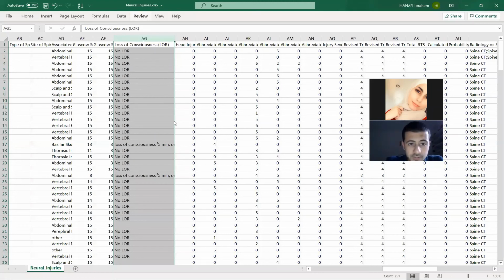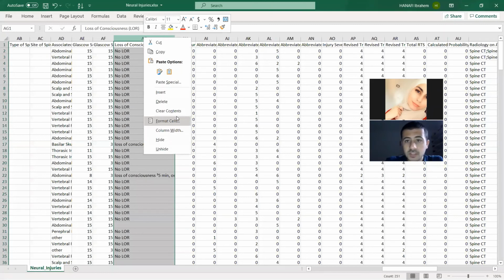Loss of consciousness. Here I have categorical data, not just dichotomous data. And for those columns, those were scales, and I think we can calculate means and medians for them, whatever it is, because those were, if you remember, interval data, and we can calculate this stuff for them.